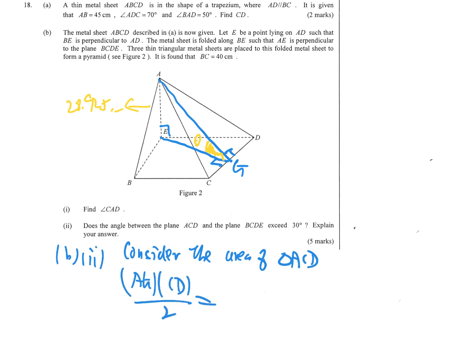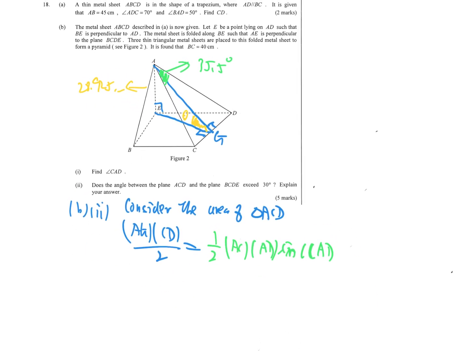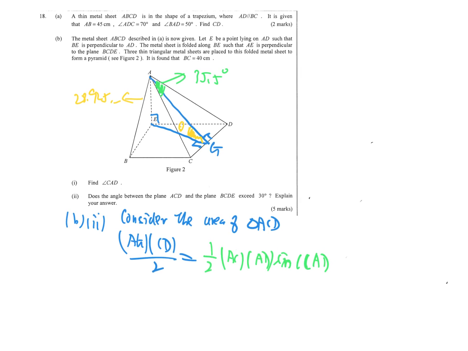And then the other method, since we obtained the value of angle CAD as 35.5 degrees, we can also use the formula one half times two sides times the sine of angle CAD to obtain the area of triangle ACD. Based on these two formulas, when we combine them into an equation, we can easily get the size of AG, because CD we knew already.